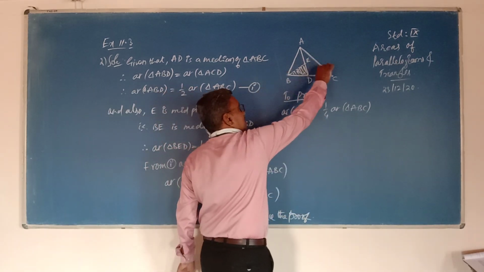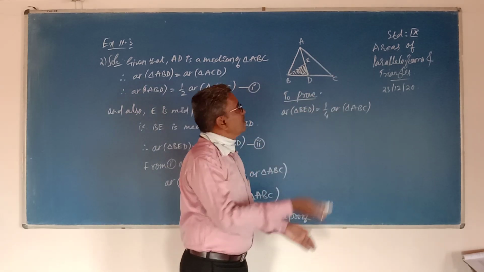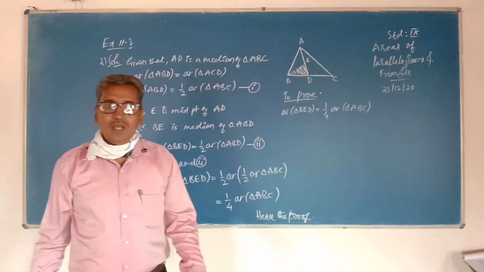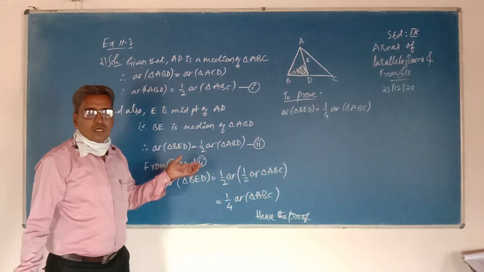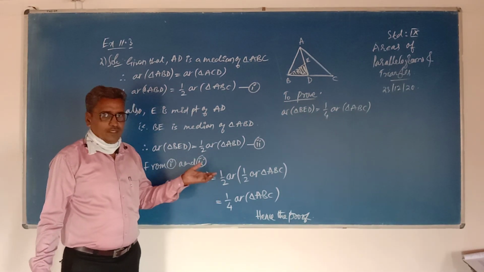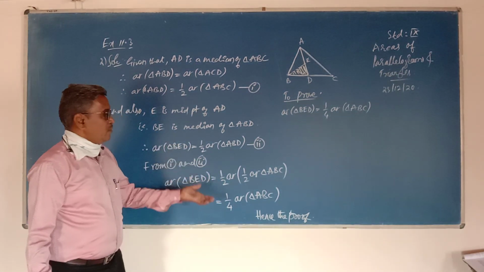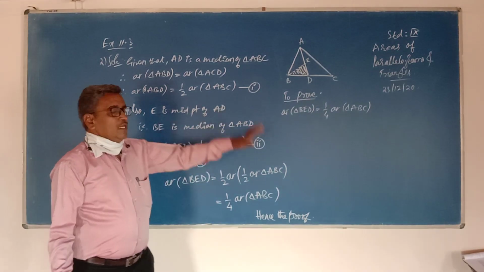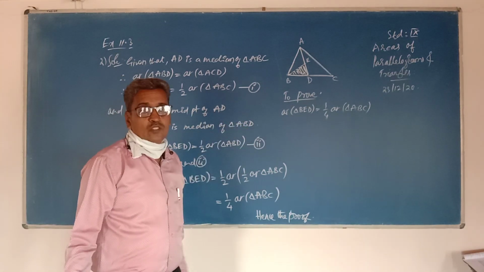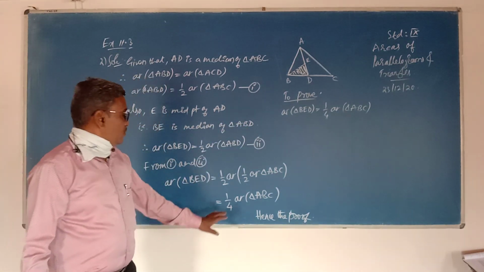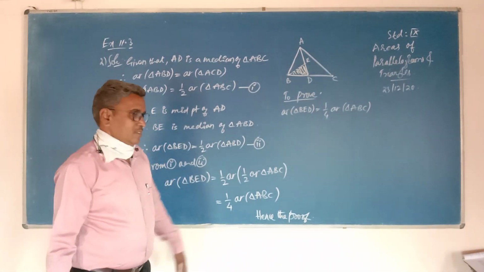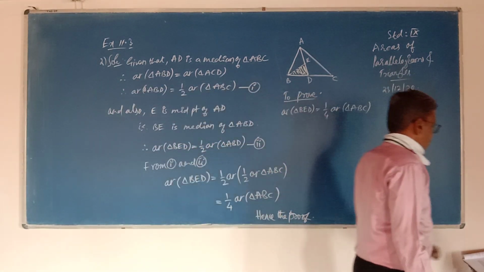Then if you join here, ECD is also 1/4, AEC is also 1/4. In this way we are going to apply the theorems or examples which you have proved, very carefully. So, when E is a midpoint of the median AD, then one part of the triangle is always 1/4 of the given triangle, whatever it is. Okay. Next example we will see now.